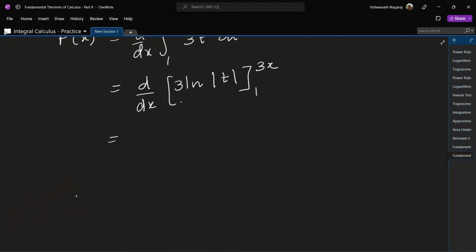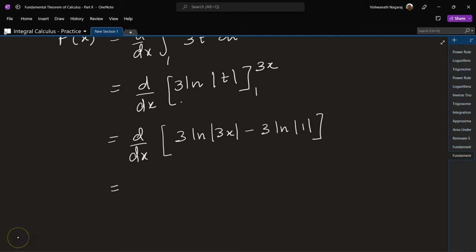Okay, so now let's do F of b minus F of a. We get 3 natural log of 3x minus 3 natural log of 1, equal to d by dx of 3 natural log of 3x.